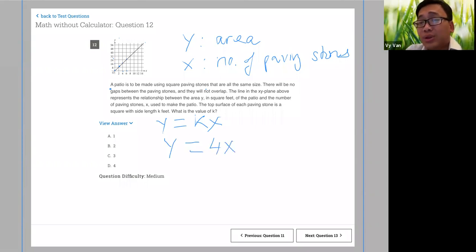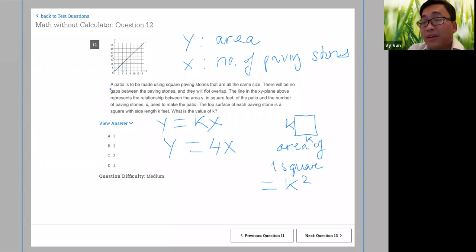Now, what else do they give you? The top surface of each paving stone is a square with side k feet. What is the value of k? Because it's a square, the side is k feet. So the area of one square is equal to k squared, because the area of a square is side times side, right?